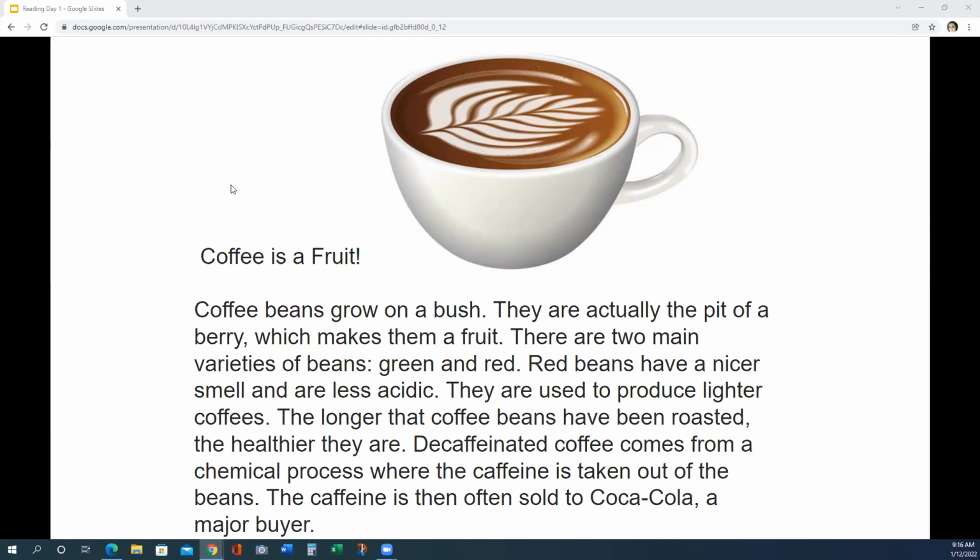Today's coffee fact is that coffee is a fruit. So how about that? So it's healthy, right? We won't talk about all the other stuff we put in it, like sugar and creamer and half and half and all that good stuff, but it is a fruit. Coffee beans grow on a bush. They're actually the pit of a berry, which makes them a fruit. There are 2 main varieties of beans, green and red. Red beans have a nicer smell and are less acidic. They're used to produce lighter coffees.